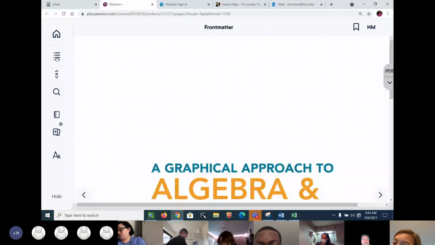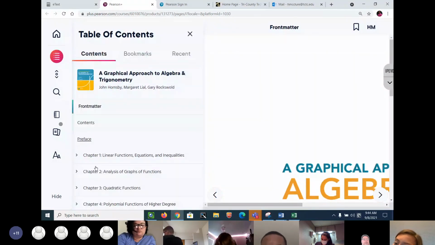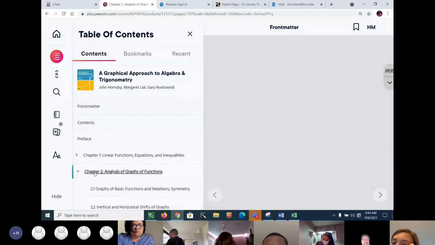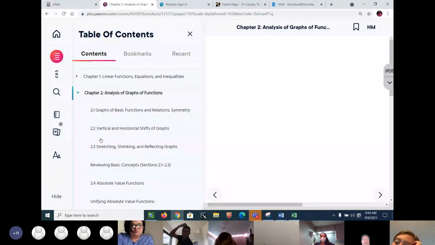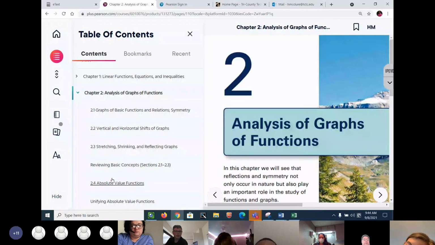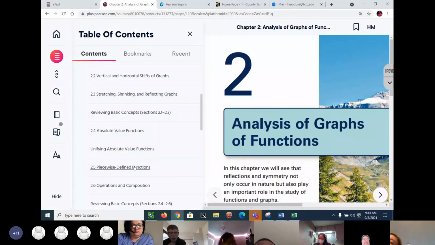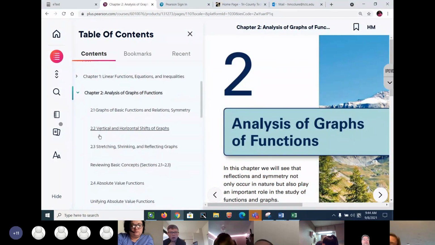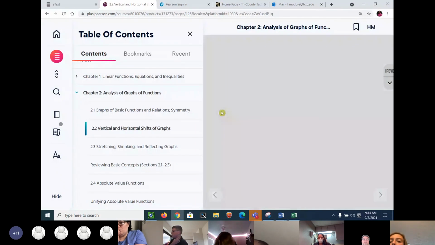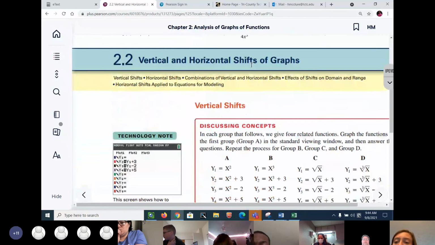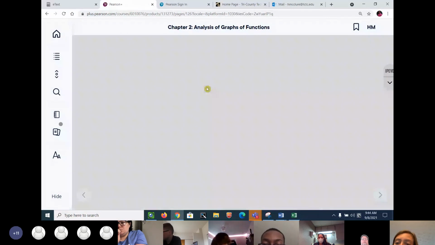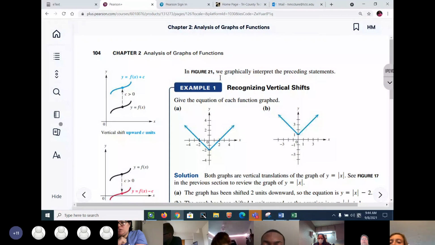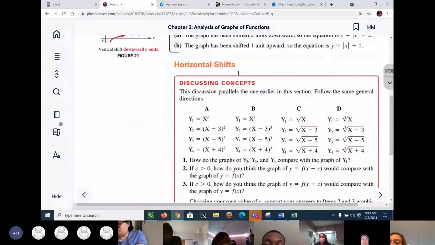And chapter 2.2. Yeah. Stretching absolute value. Okay, I've covered 2.2 or 2.4, but we'll look at it. Vertical shifts. Horizontal shifts.